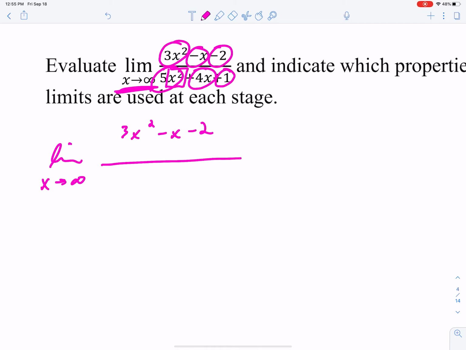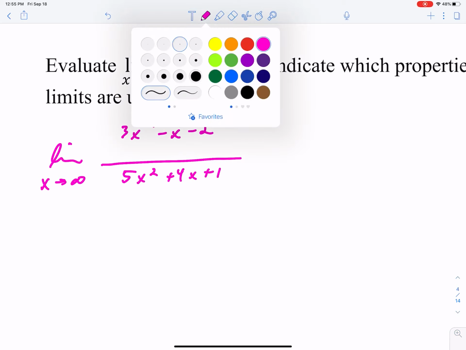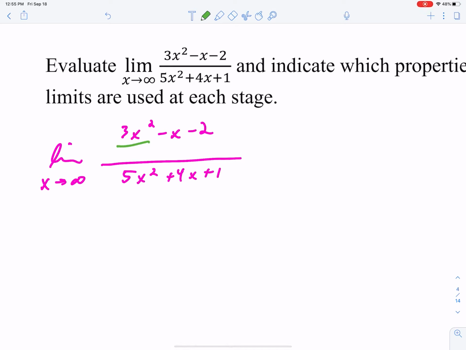I'm going to give myself some room here. There we go. And then like I said, we're going to divide each of these terms. Again, terms are separated by addition and subtraction in math.